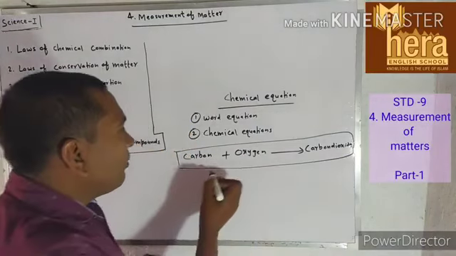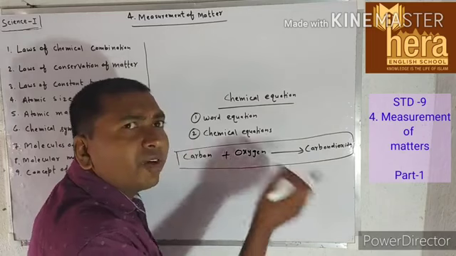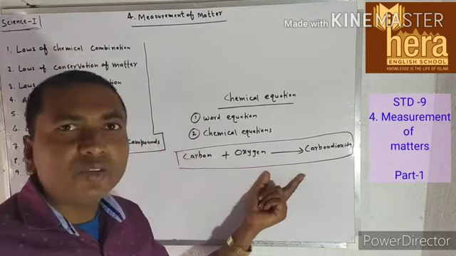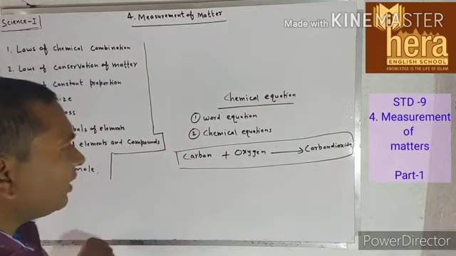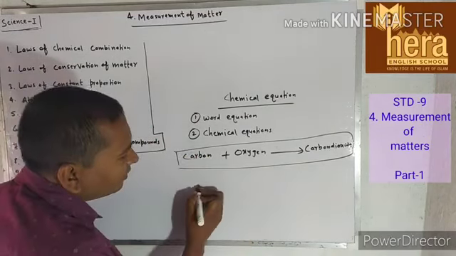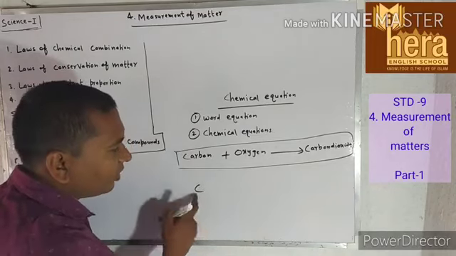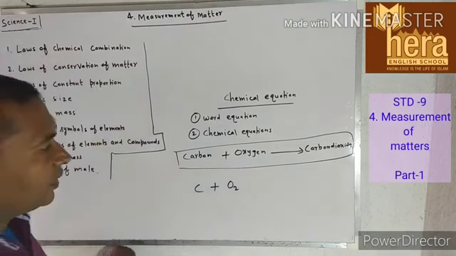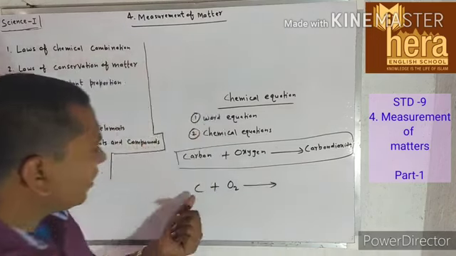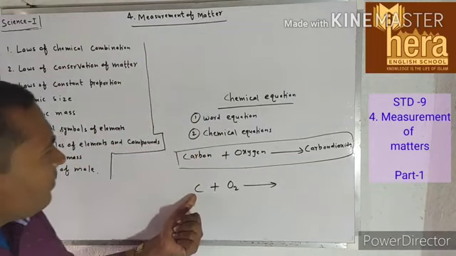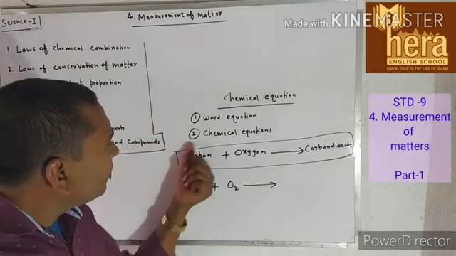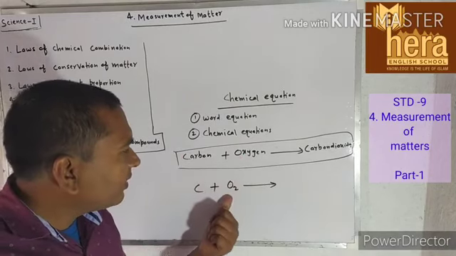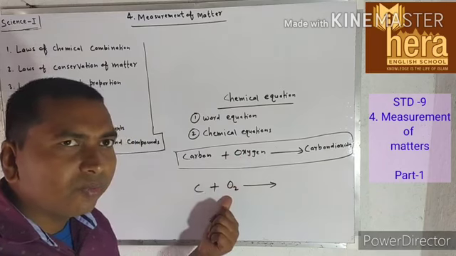And if you write the word equation with the help of formulae, then that is called chemical equation. We know that the symbol of carbon is C, so we can write here C. For oxygen, that is O2. You have just written the formulae: the symbol of carbon is C, and oxygen is O2.